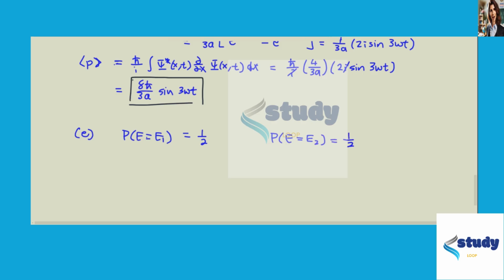It's basically because we wrote our psi x 0 in the form of sum of c i psi i, and so the probability of getting E equals E i is just mod c i squared. Each c i in this case is 1 over root 2, so when you square it, you get half.